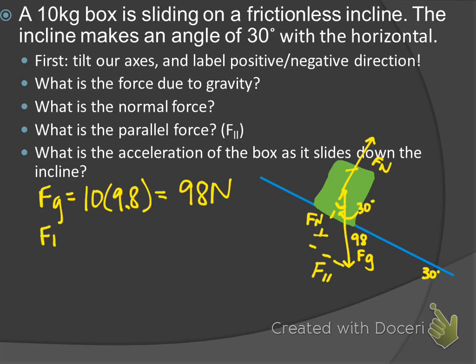So to find the parallel force, would I use sine or cosine? I use sine. And that is always the case. This is one of those that you can memorize the rule: to solve for parallel force, you're always going to use sine. So I take 98 times sine 30.